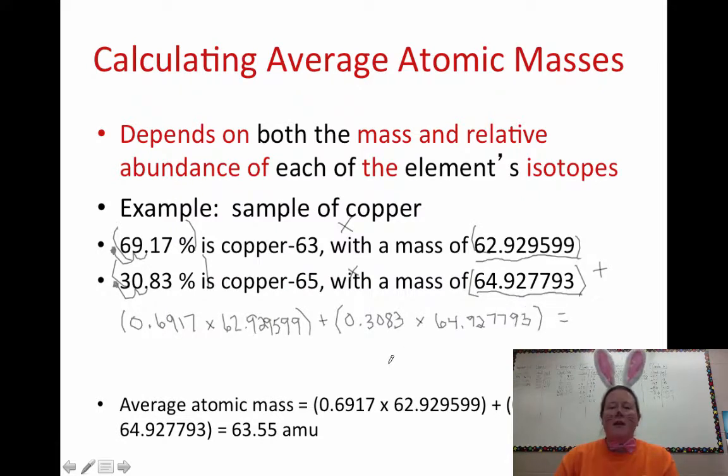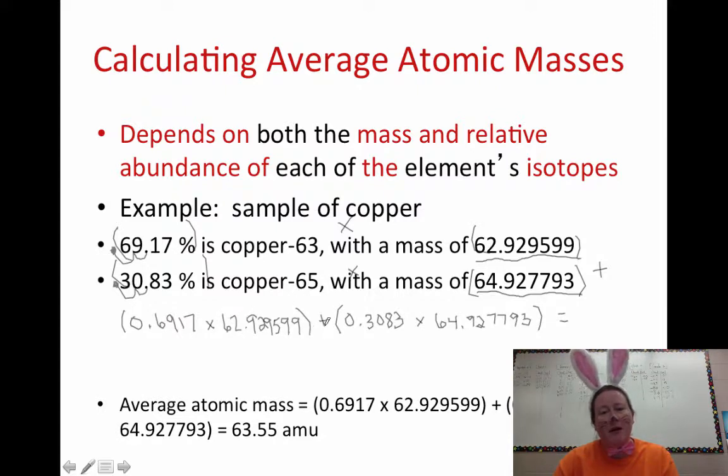Now when you punch these into the calculator, it's really important that you put parentheses here, because then you can just do it all in one swoop. You don't have to get a number here and then get a number here and then add them together. That's just silly and cumbersome. So if you type in parentheses 0.6917 times 62.